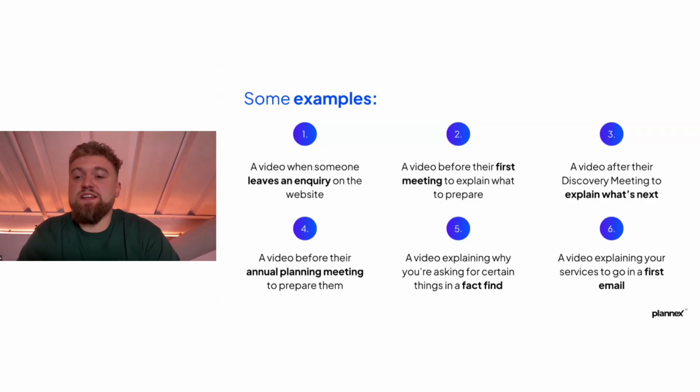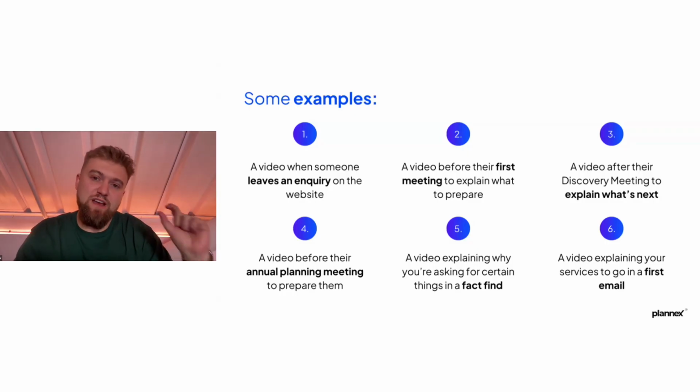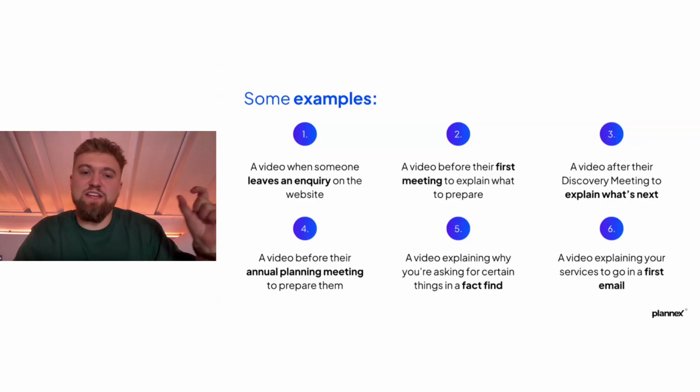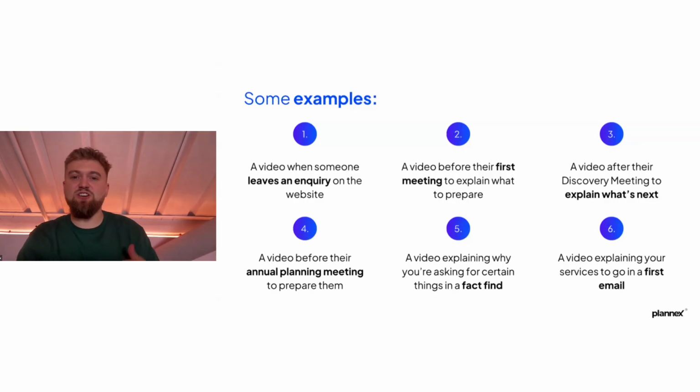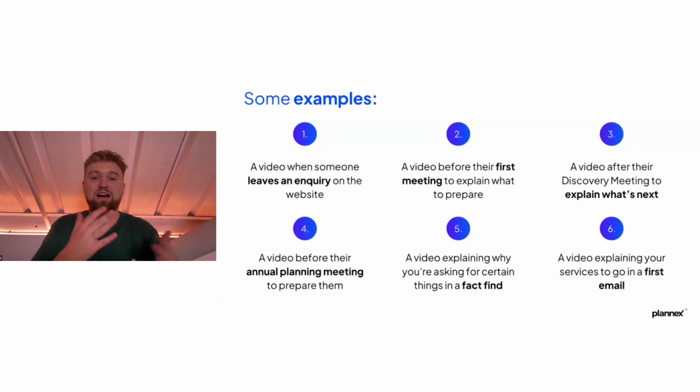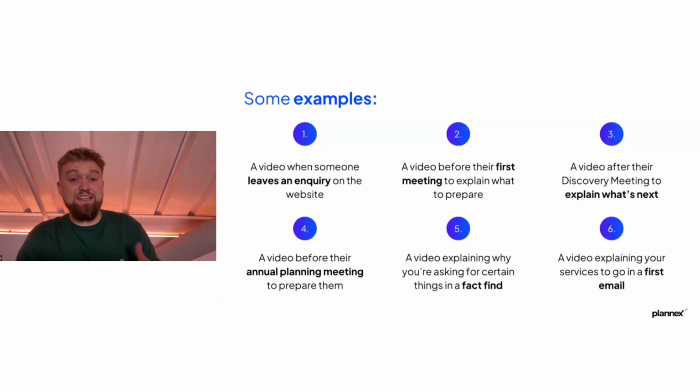The third one is a video after that discovery meeting to explain what's next. So a lot of the time, people will send a huge email with everything that they discussed. But actually, what can be really good is, even still while they're driving home from that discovery meeting, or however long after, a nice little automated video gets sent to them just to explain what's next. So you can be general with this, because I would imagine the process is relatively the same for everybody.